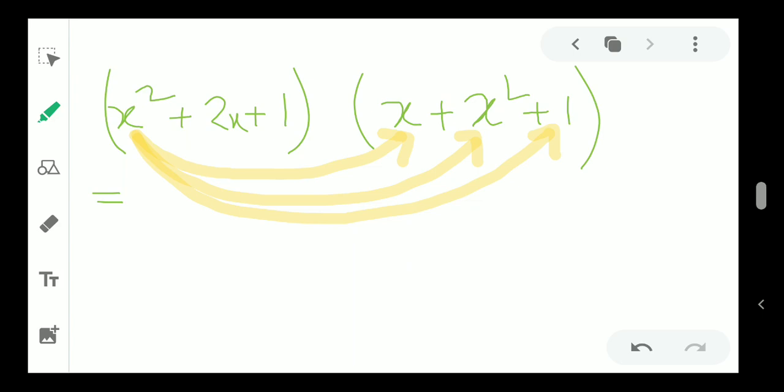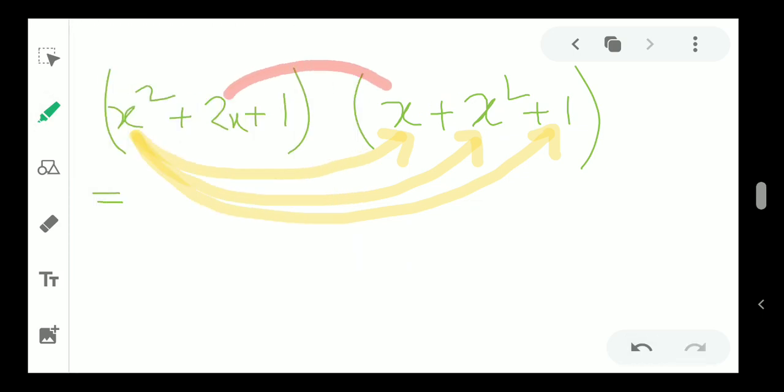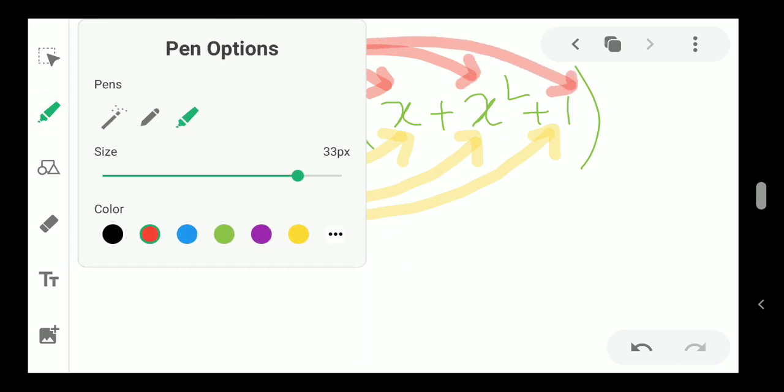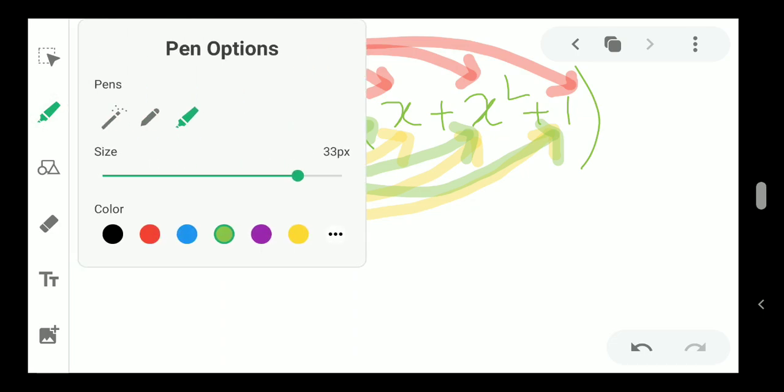Again you have to multiply 2x with x, 2x with x square, 2x with 1. Again you have to multiply your 1 with x, 1 with x square, 1 with 1. So one by one you have to write the whole equation.